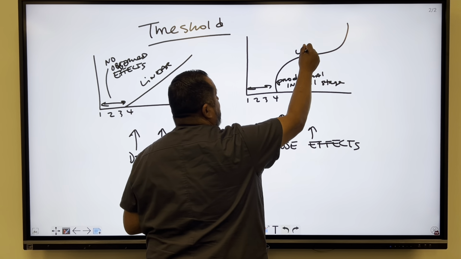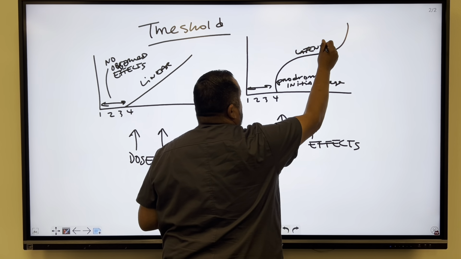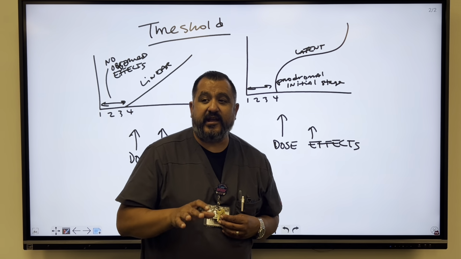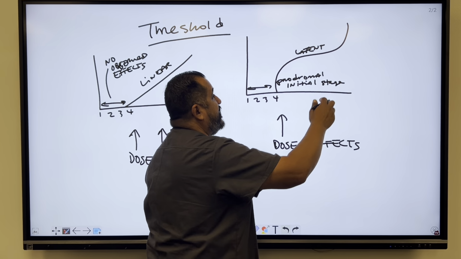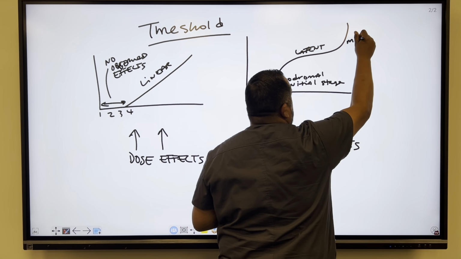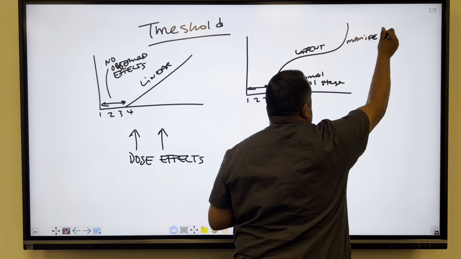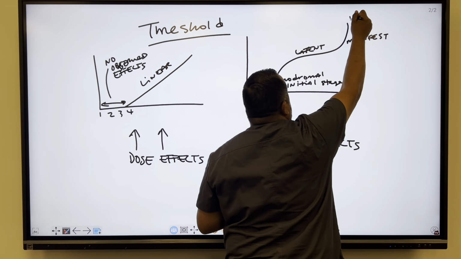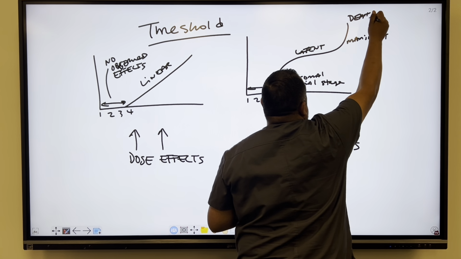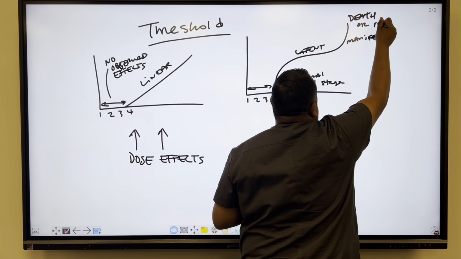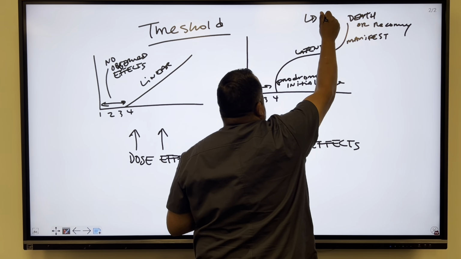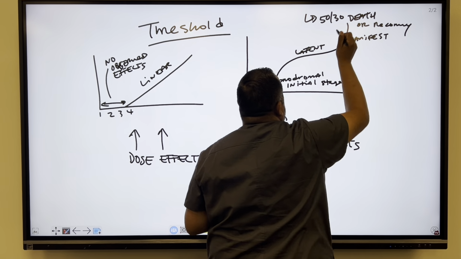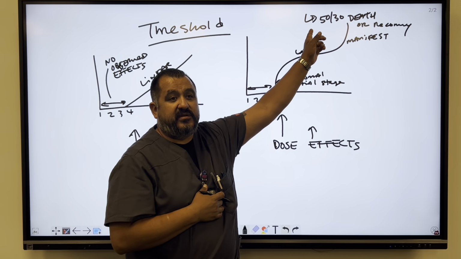Here you have the latent stage, and latent means it's there but you can't see it. All right, and then the last stage we have is the manifest stage. And at the very end, we either have two things, death or recovery. And this is where you have your LD50-30, LD50-60, so your lethal dose.